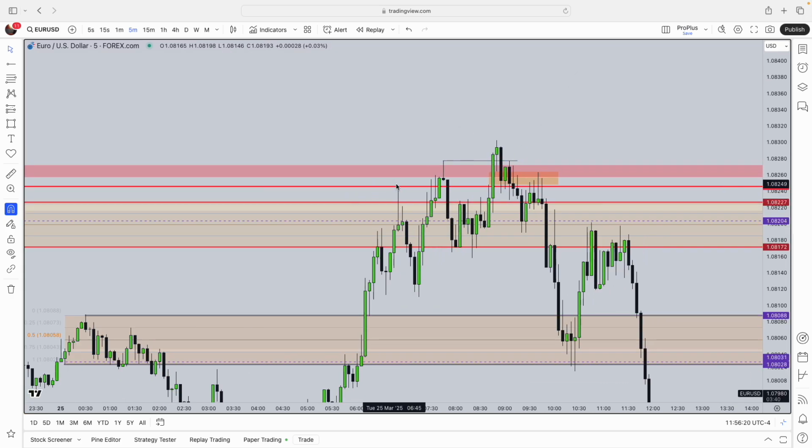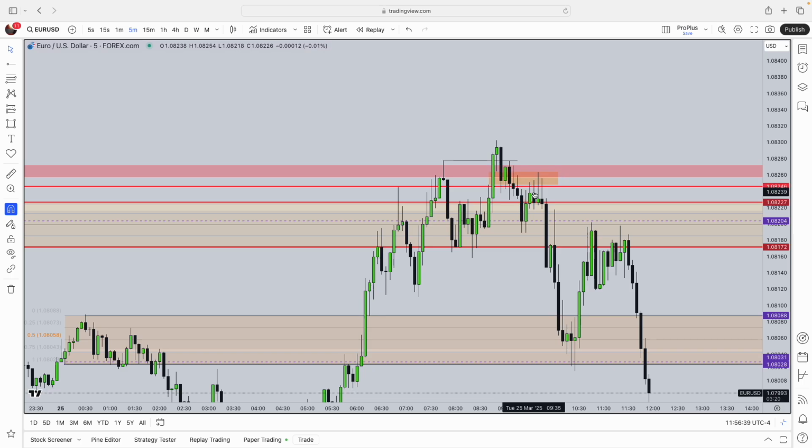So price ran through buy side here, buy side there, inside the SIBI. It takes buy side, and this is still inside the bearish order block. It pulls back into this red box here, which is the SIBI, inside the inversion fair value gap. And then look at this order block.